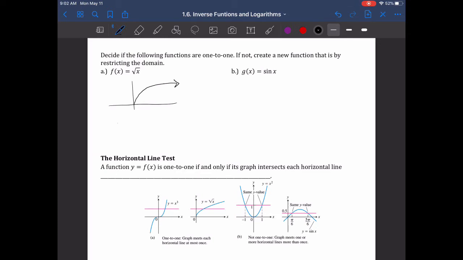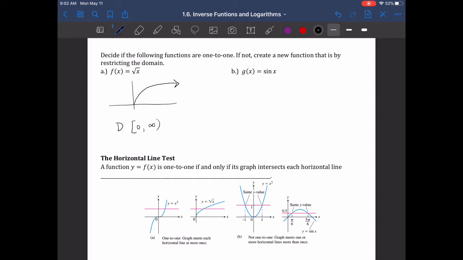And it has a domain that goes from 0 inclusive out to infinity, and it is a one-to-one function. Essentially, the way you can test for this is the horizontal line test. But basically what that means is we have no repeating of the outputs.